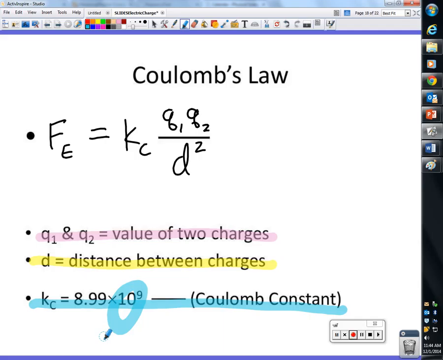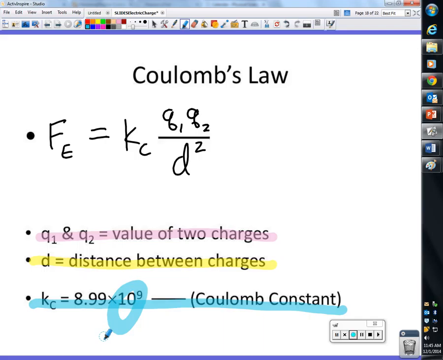Because if gravity was stronger than the attraction, what would happen to the balloon? It would fall, but it doesn't. So even one balloon, charged by friction, can overcome the gravity of the entire Earth pulling on it, because it is a very big number.